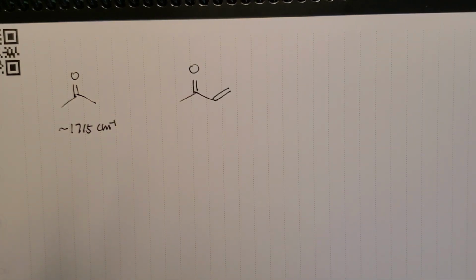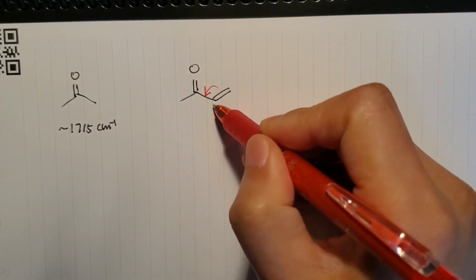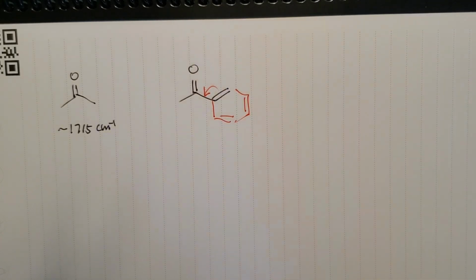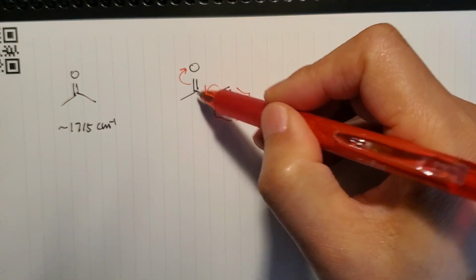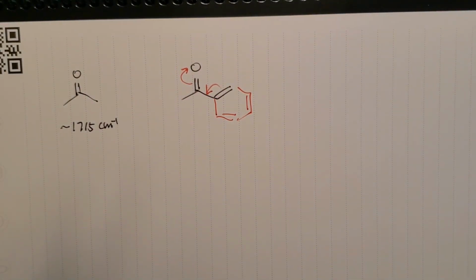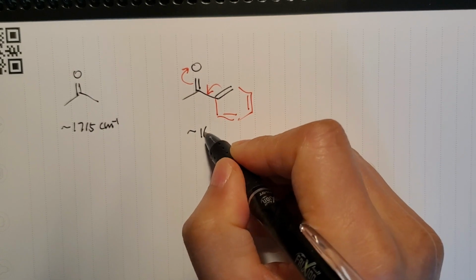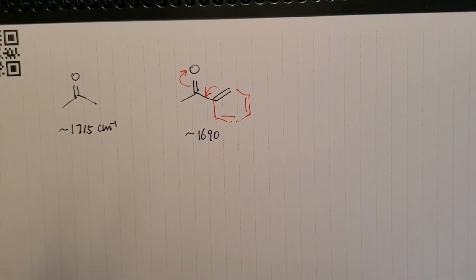Then we talked about the resonance, right? Whether you have a regular alkene or the aromatic ring here, or even bigger rings, you have a chance to weaken this double bond K value. So you normally get around 1680 something, say 1690, because anyway the number is not precise.